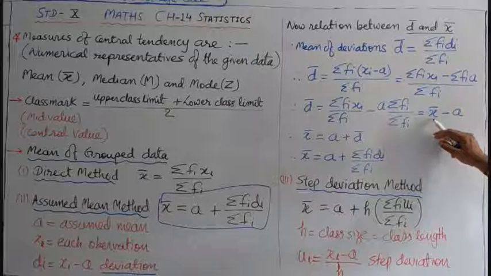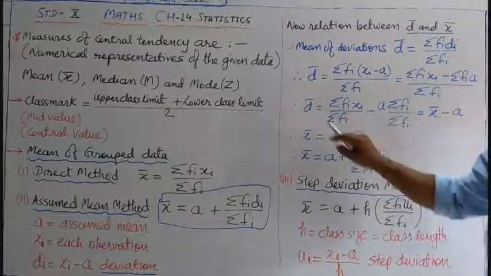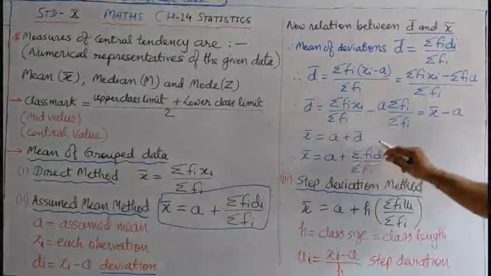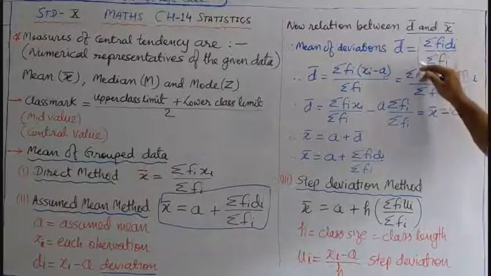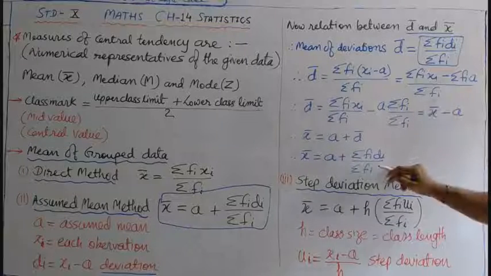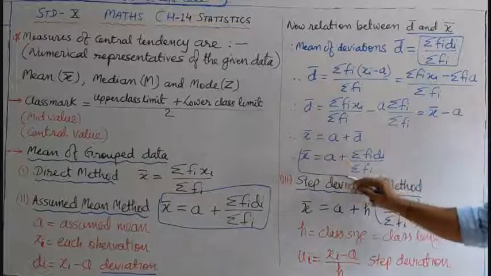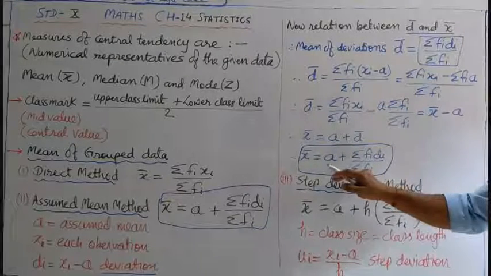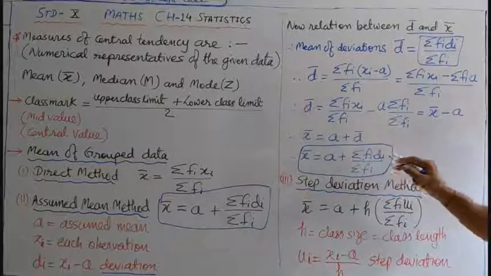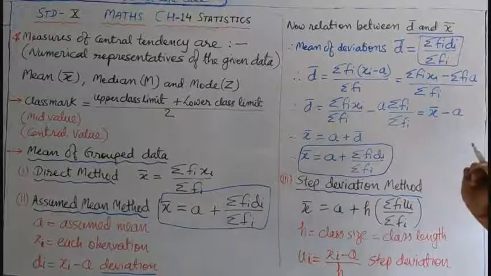So x bar, that is mean, is equal to a plus d bar. So what is d bar? Mean of deviation is equal to this. So replacing this value here again, we will get this formula, that is mean using assumed mean method is equal to assumed mean plus sigma fi di upon sigma fi.